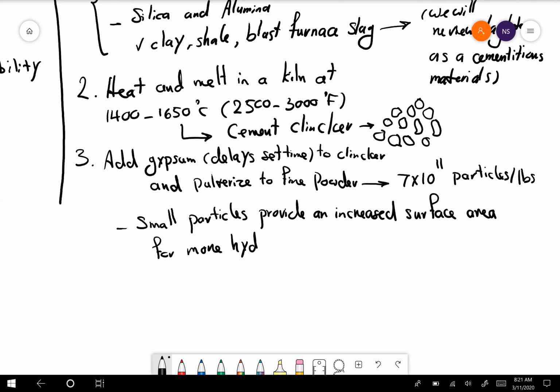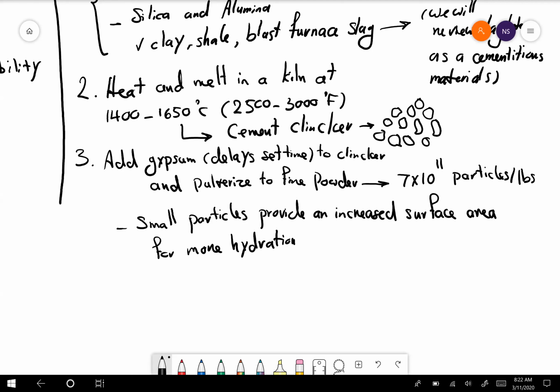Once you have much more surface area that can contact the water molecules, you should see more hydration from that process. That's why we need very fine particles in our final cement production plant.